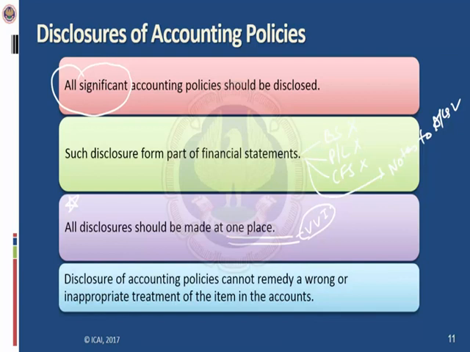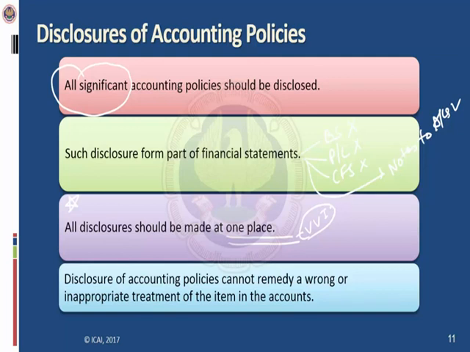Disclosure of accounting policies cannot remedy a wrong or inappropriate treatment of the item in the accounts. So let's say the entity has framed accounting policies and disclosed them. But that accounting policy is not correct and it will lead to misleading results, or wrong or inappropriate treatment of a particular item in the books of accounts.